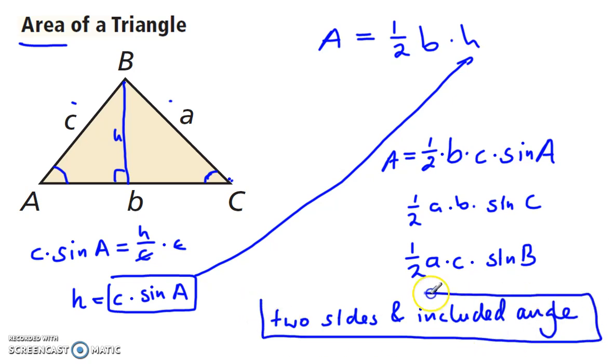Alright, so if you have two sides and the included angle, you can find the area with this formula.